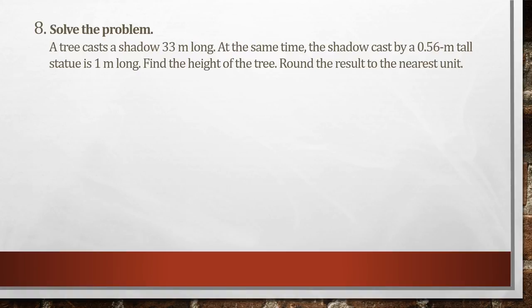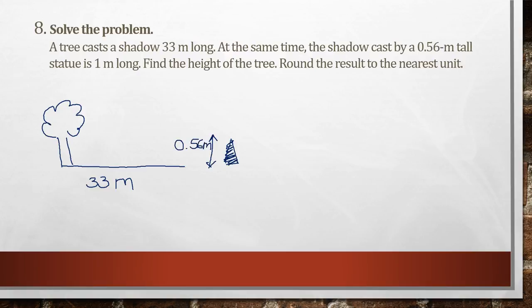So the first part of the problem is talking about a tree. So I'm going to draw myself a tree. And that tree casts a shadow that is 33 meters long. And then at the same time, there is a statue 0.56 meters tall.